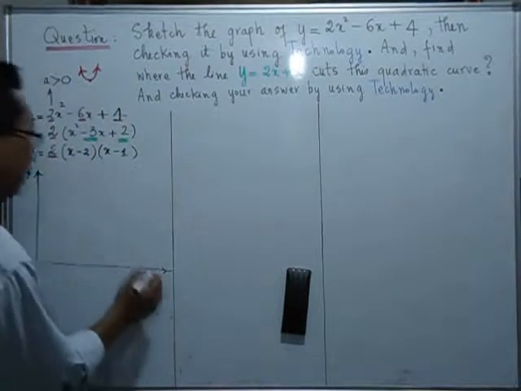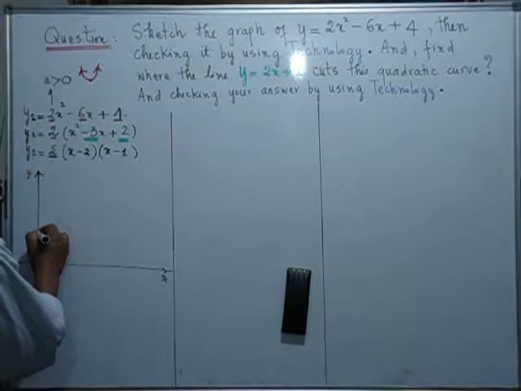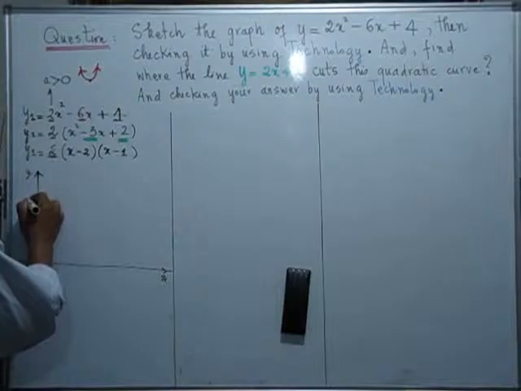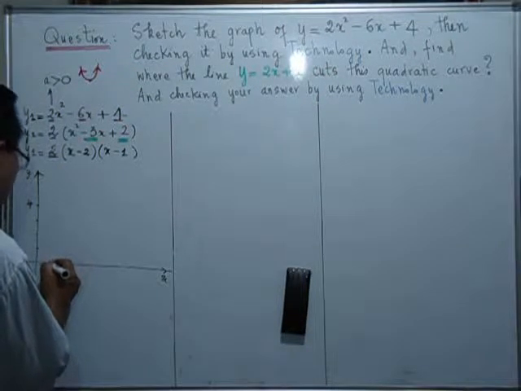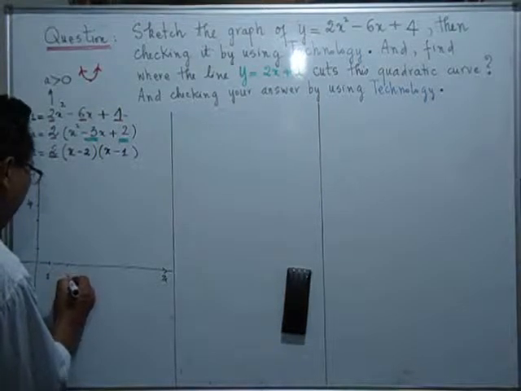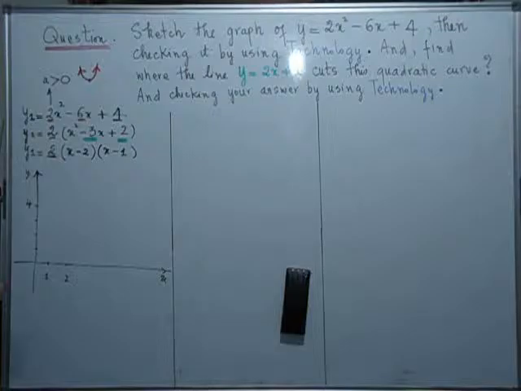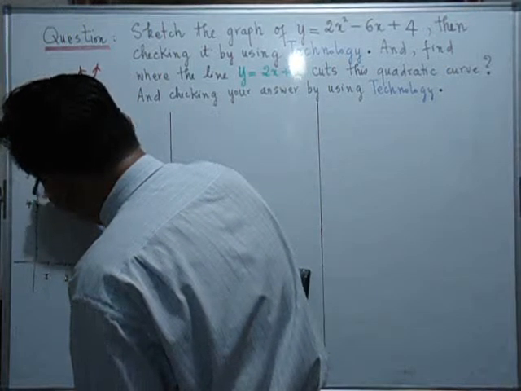On y, on x, the 1, 2, 3, and 4. The y-intercept equals 4, and the x-intercepts equal 1 and 2. It's better, and then you connect.